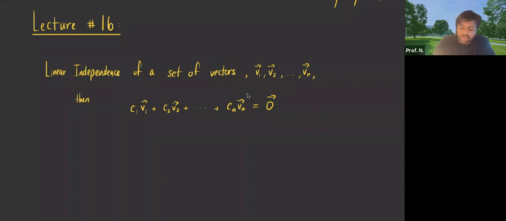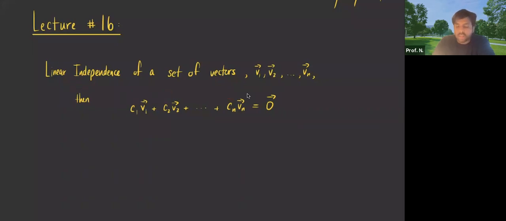But now we're dealing with the fact that the span of v1, v2, through vn can create the zero vector only if the coefficients themselves are all zeros.